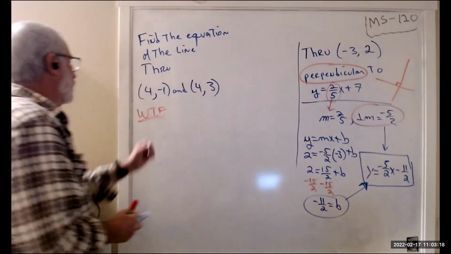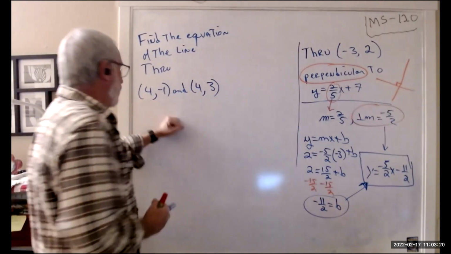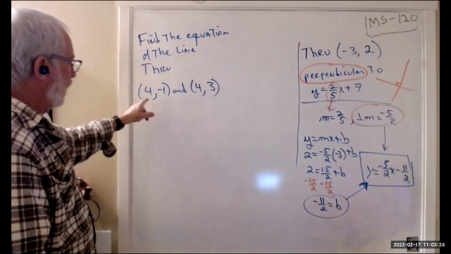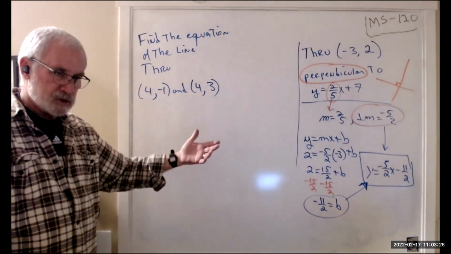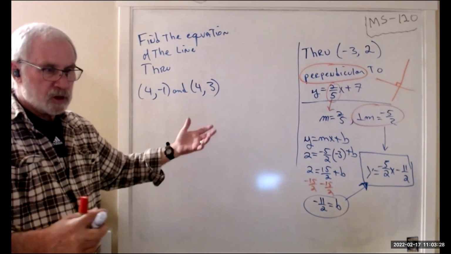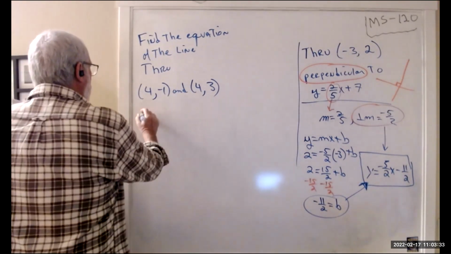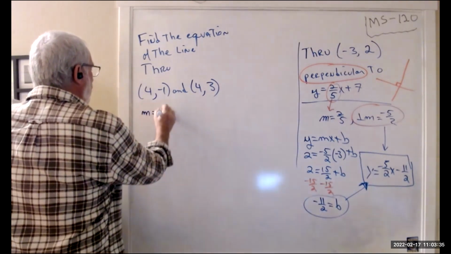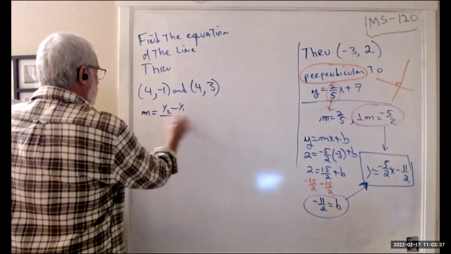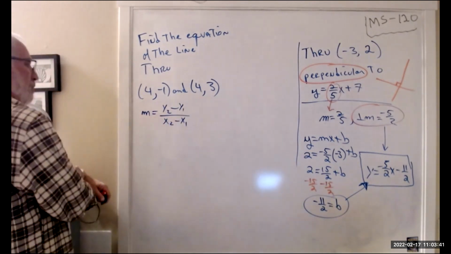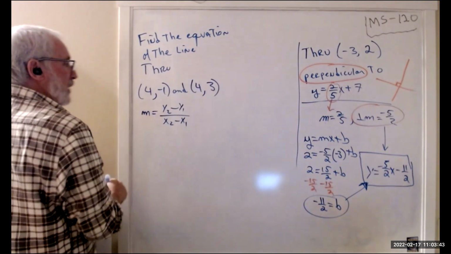So if you looked at last night's work, I gave you a problem very similar to this. And we looked at it, we said, well, I have 2 points. I'm missing a slope. There's no slope. So you go, oh, but I have a slope formula. I have this: m equals y sub 2 minus y sub 1 over x sub 2 minus x sub 1. I can find the slope. And then I can go do that junk over there.